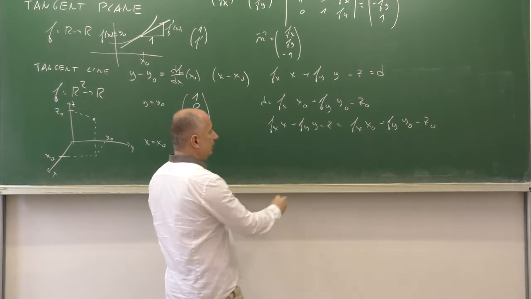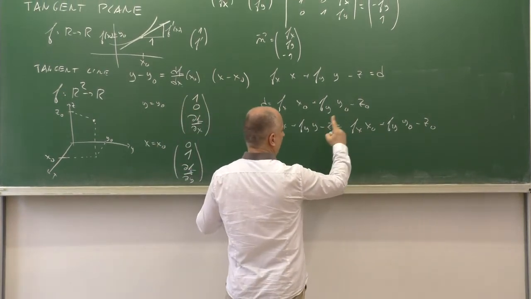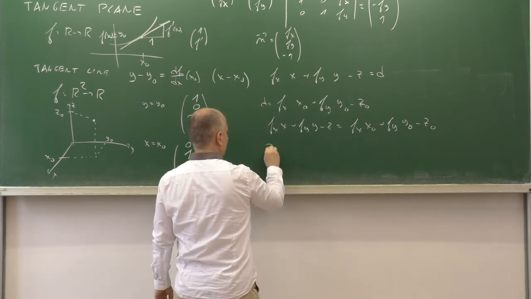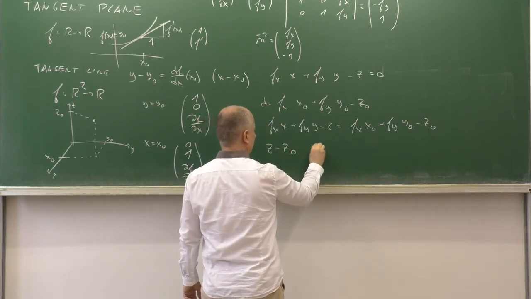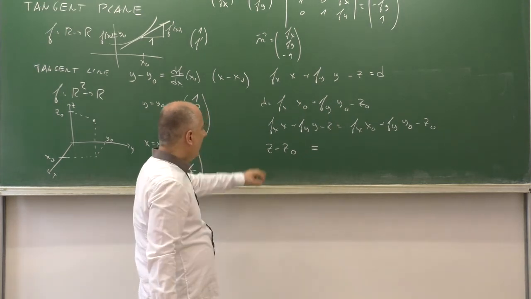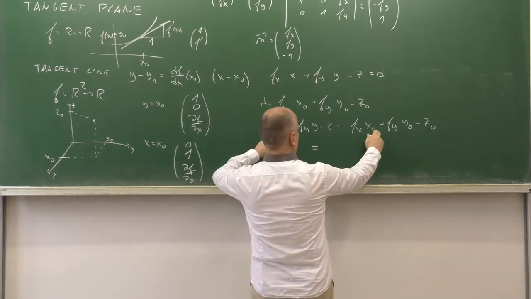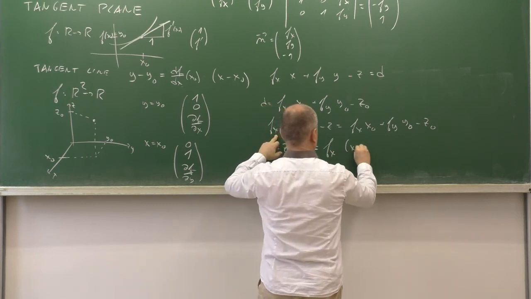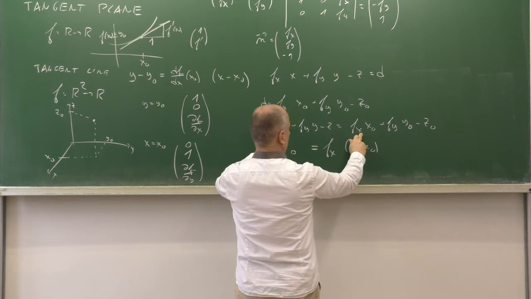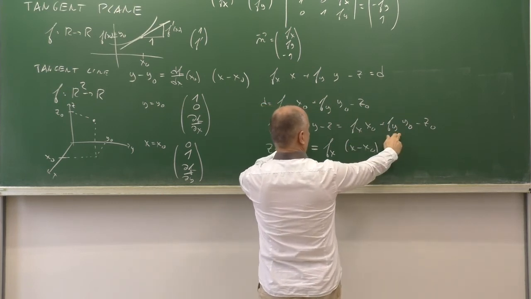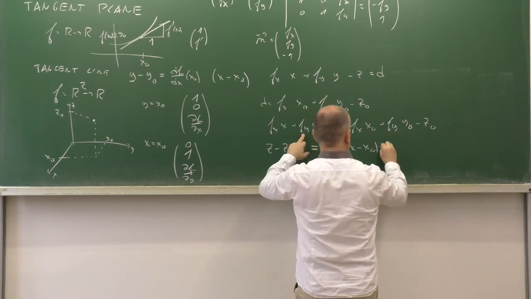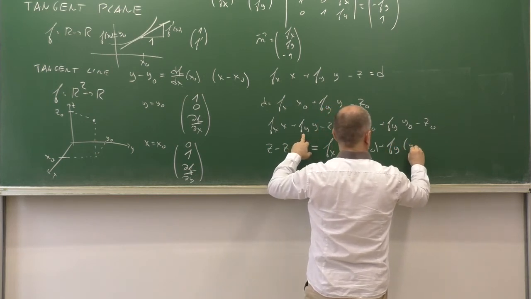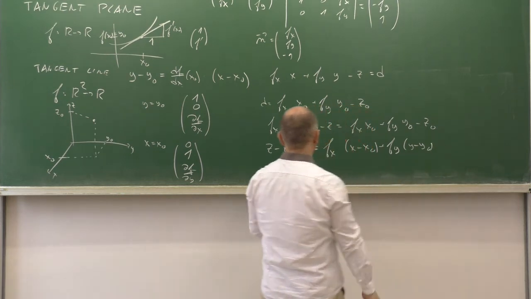So this can be written in the form, if we add z and switch left and right, we have z minus z0. And if we subtract fx times x0 and factor out fx, we have fx times x minus x0. Then when we subtract this and factor out fy, we have fy times y minus y0.